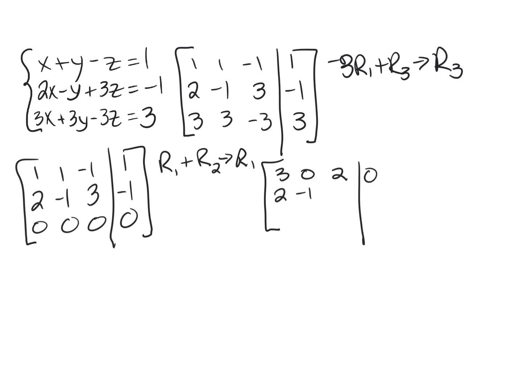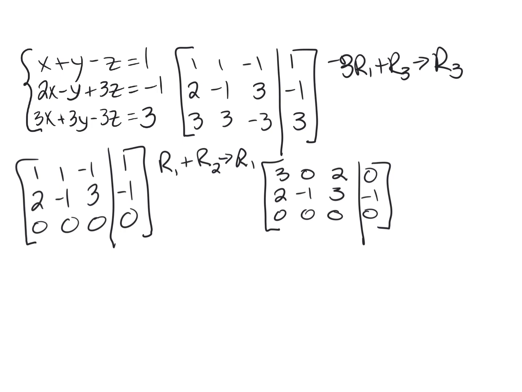Row 2 stays the same, and row 3 is negligible at this point. So now I can try to reduce it a little bit more, but if I do, I'm going to lose that 0 in the top row. So at this point, what I want to do is my parameterization.